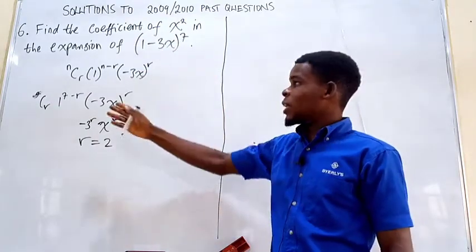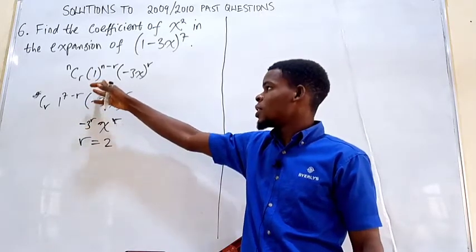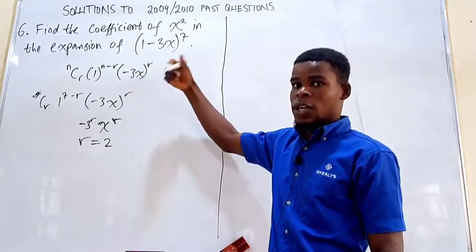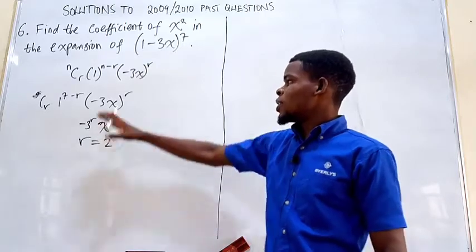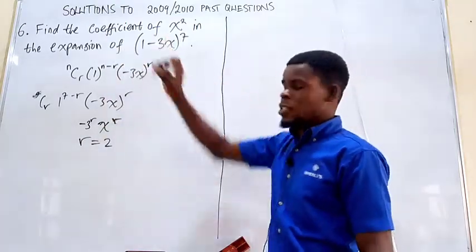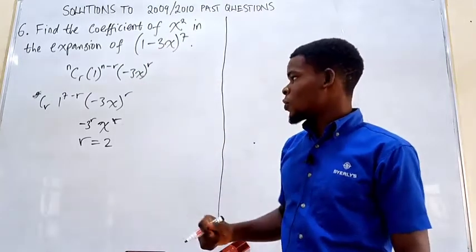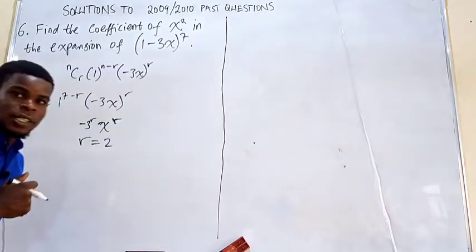This first one is independent of x, so it has no x in there, but this one has an x. By raising it to power r, 3 has it and x has it. So for this term to contain x squared, the power of x here should be 2, so r is equal to 2. If r is 2, then we are talking about the third term.